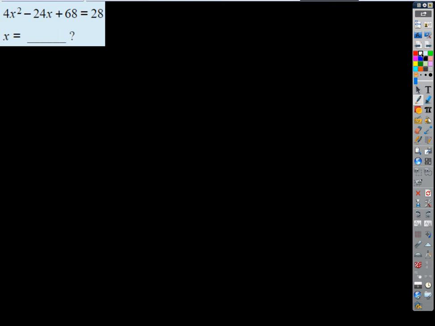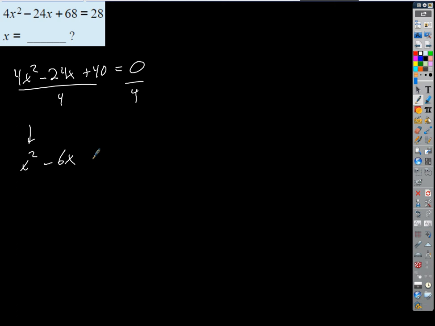Last one. So I'll subtract 28. So 40, I guess. Can I divide by 4? Good. So we get x squared minus 6x plus 10.